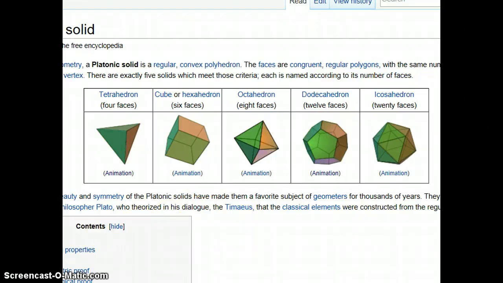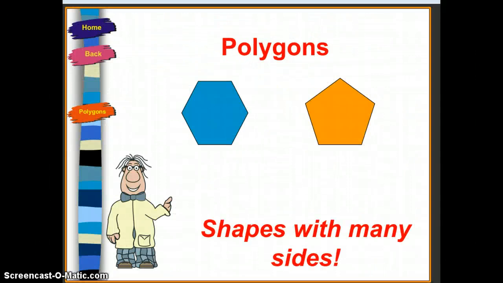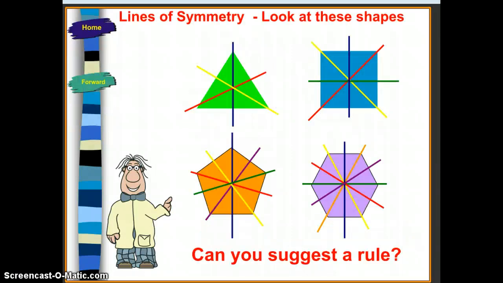Okay. Almost there, so we've got that pentagon and polygons, shapes with many sides, looking at lines of symmetry. Can you suggest a rule? So there we've got a triangle, 3 sides, 3 lines of symmetry. Yep. The amount of sides it has is the amount of lines of symmetry? Yeah, when it's a regular polygon.